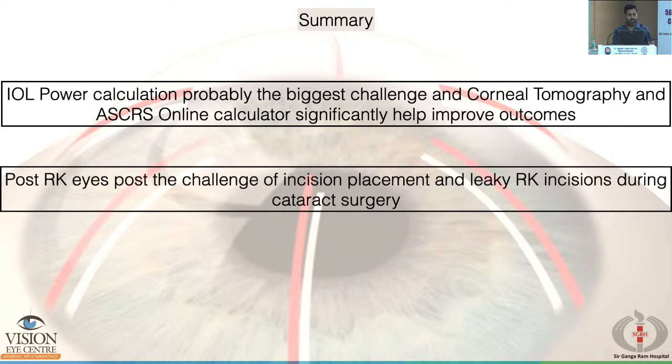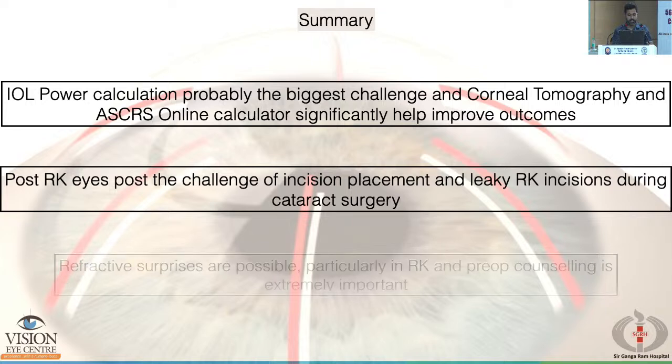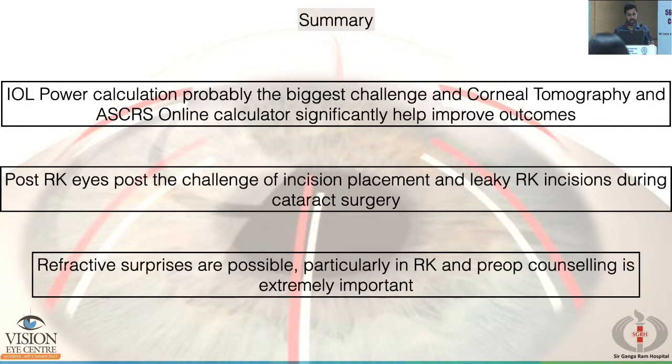Post-RK eyes do have that challenge of where to place the incision, and you can have leaky RK incisions during or towards the end of cataract surgery. Refractive surprises are possible, so extremely thorough counseling and possibly a special consent is important, especially in those extremely flat or extremely irregular corneas.